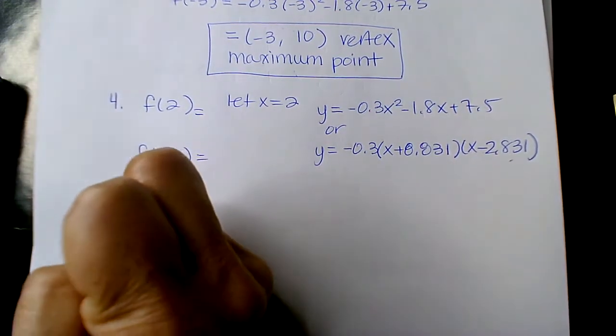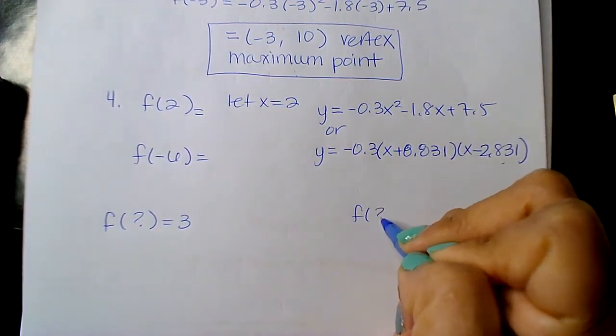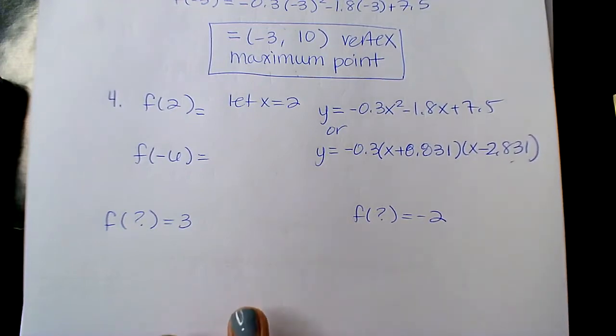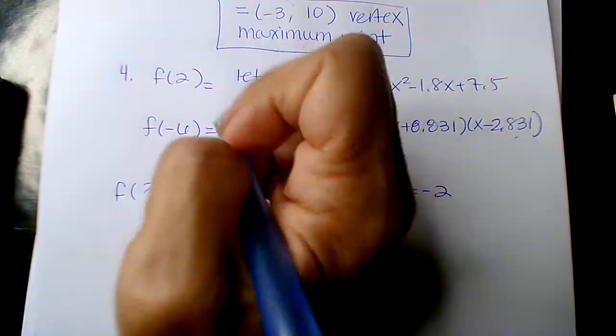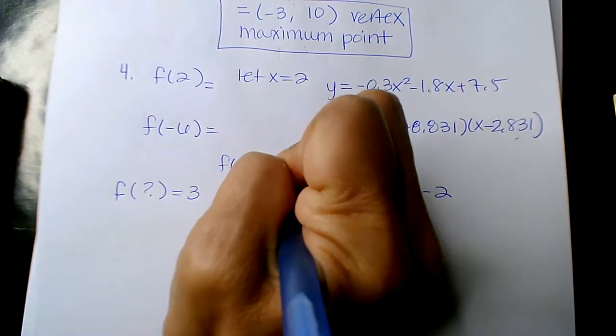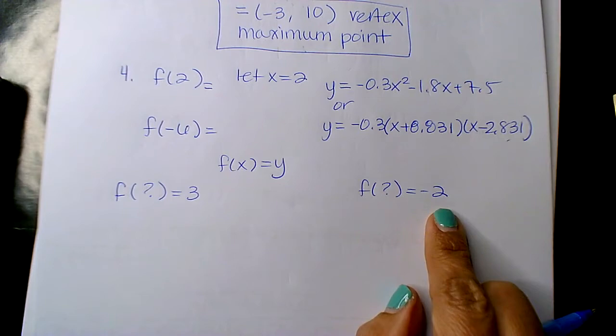Okay, f of what x gives me 3 and f of what x gives me negative 2. These are your y values, right? Remember, f of x is equal to y. So 3 is the y, negative 2 is the y.